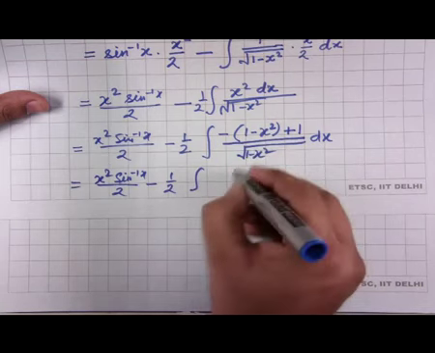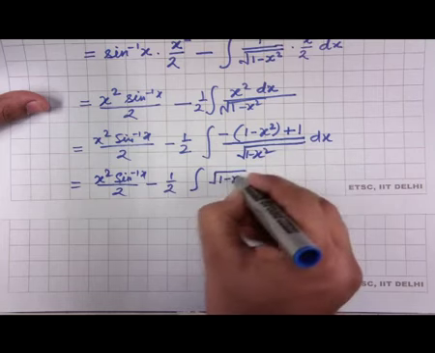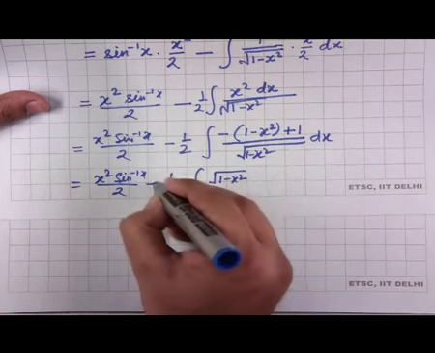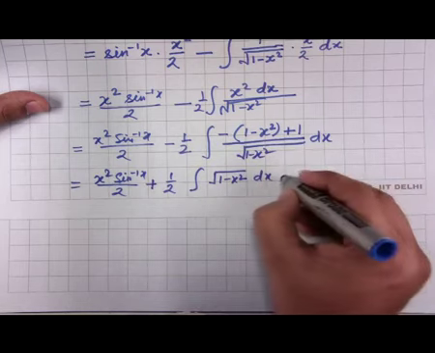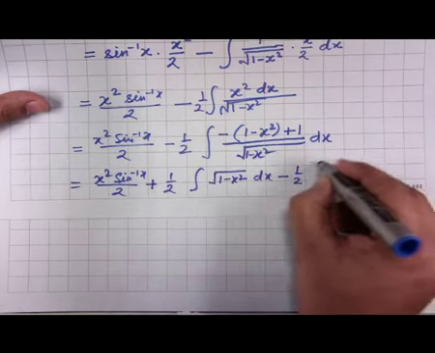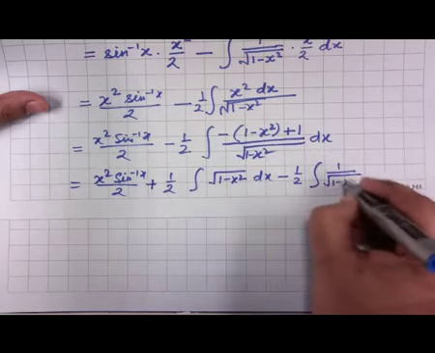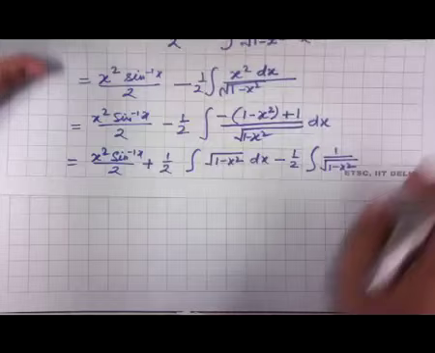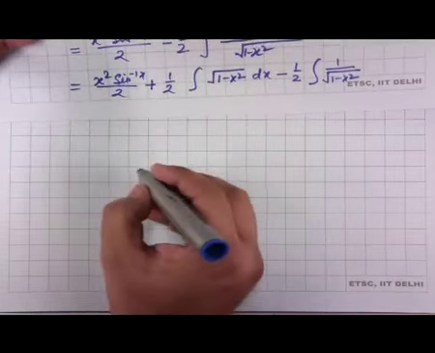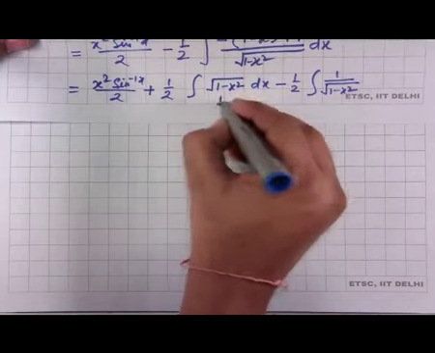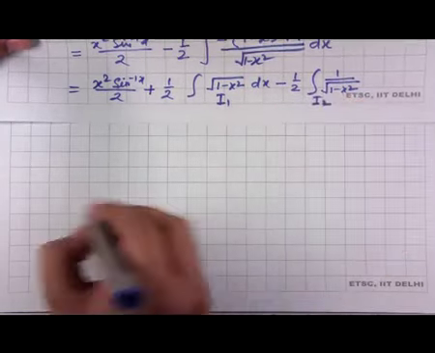So, 1 minus x square divided by square root of 1 minus x square will give me square root of 1 minus x square with a negative sign, so this sign will become plus, then again minus half integration of 1 over square root of 1 minus x squared. I shall evaluate these integrals as two separate parts. I will call this integral I1 and this integral I2.